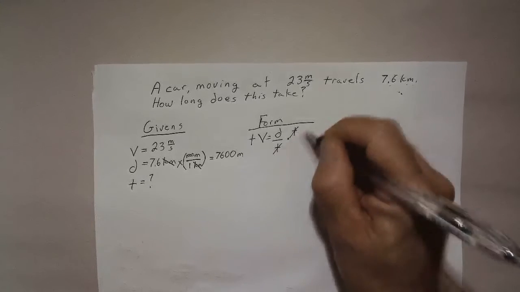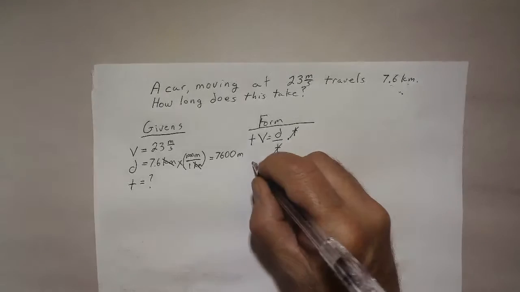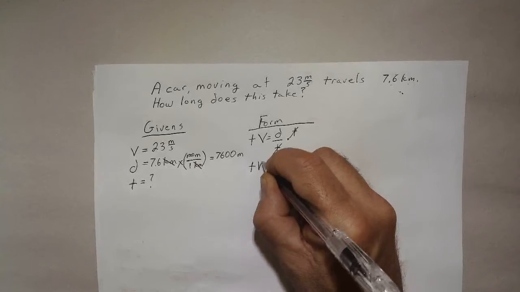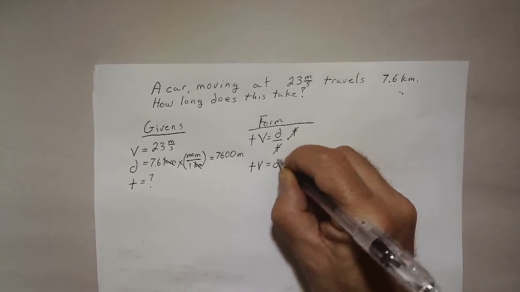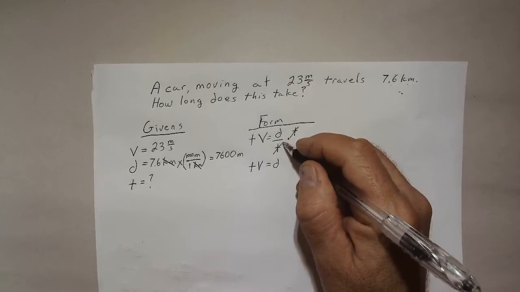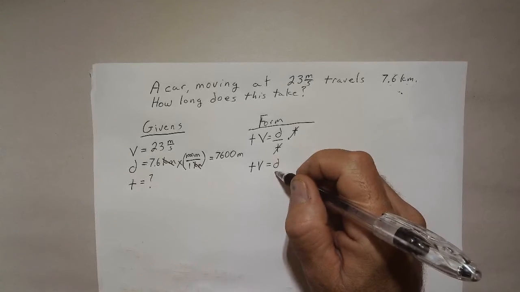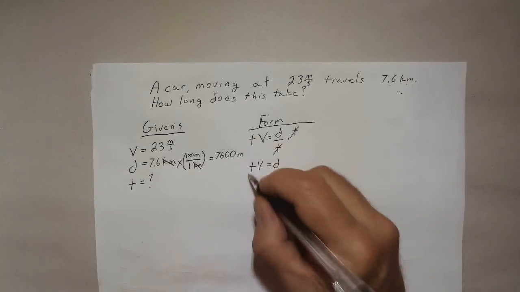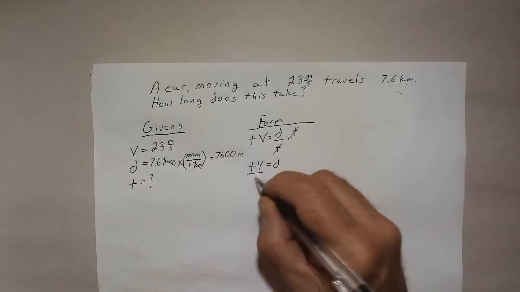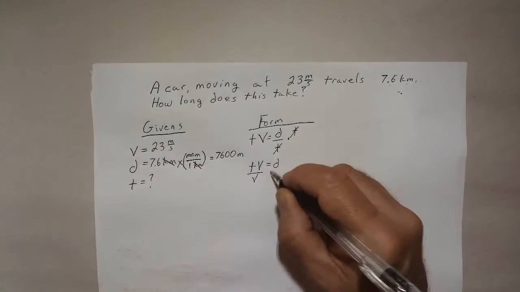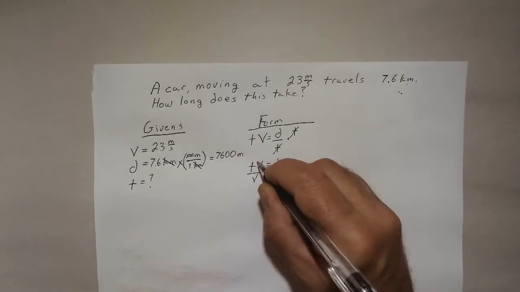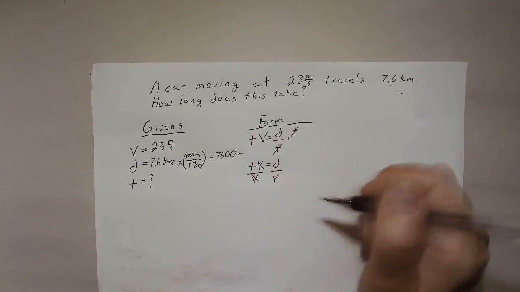T over T is 1, so that cancels on this side. So if we rewrite, T times V equals D. Now, I could do this faster, but we never want to get this wrong. So make sure you're doing it in a way that you do not get it wrong. Divide both sides by V. The V's cancel because V over V is 1.